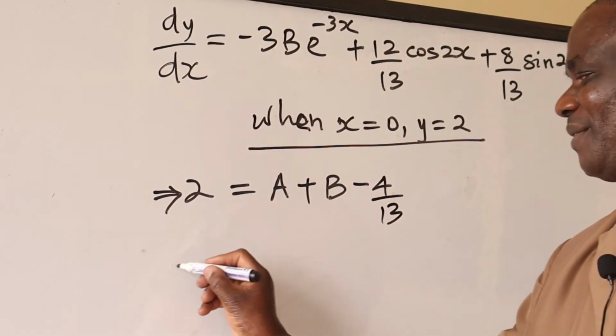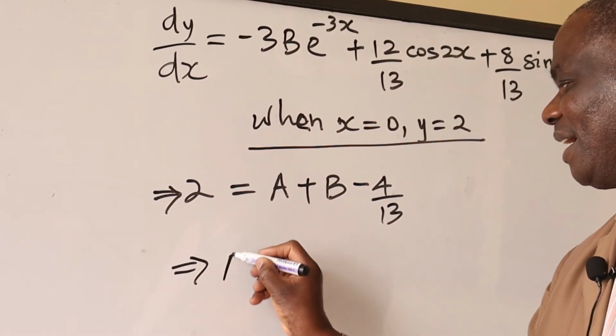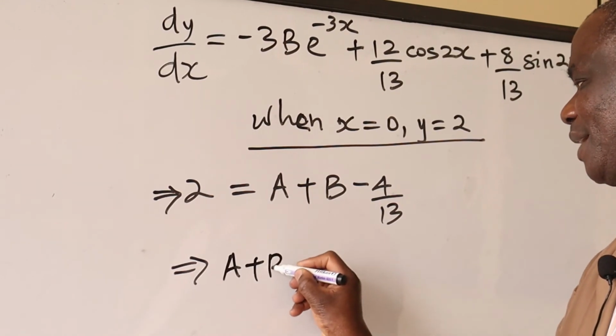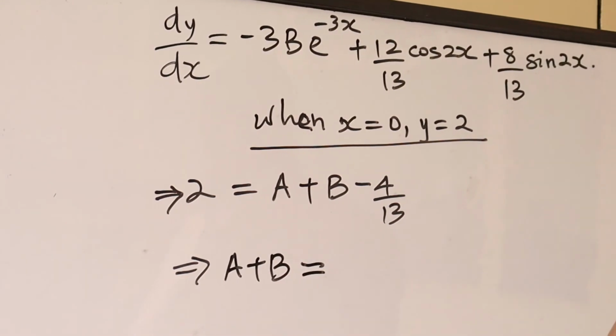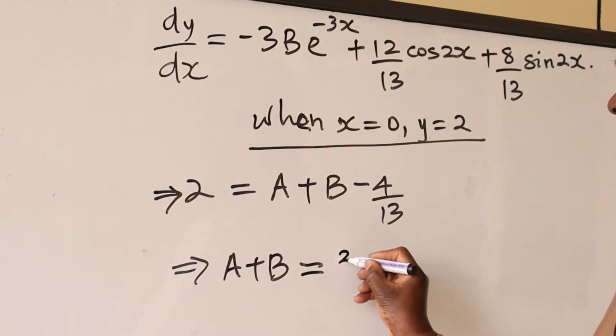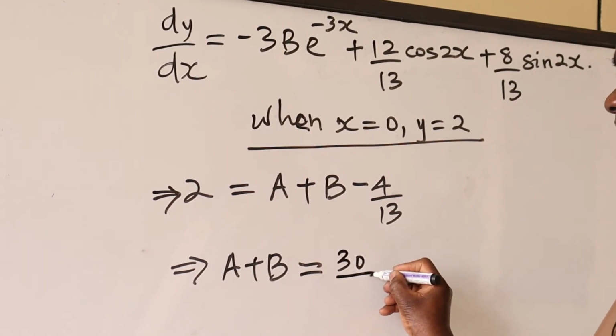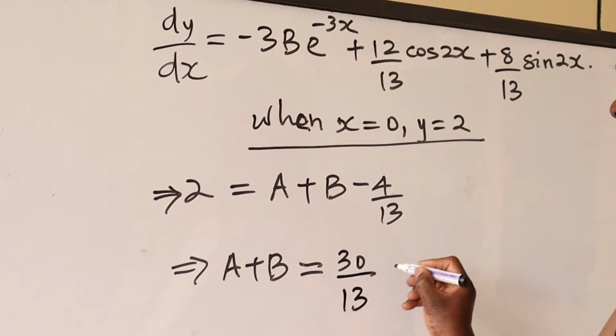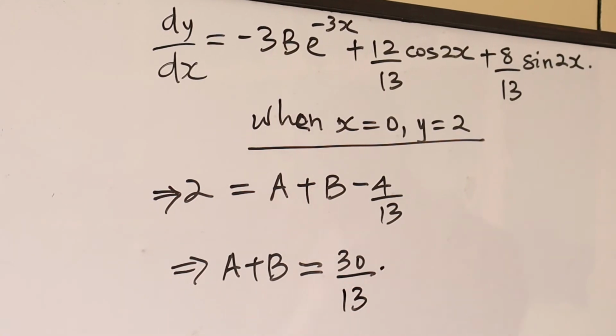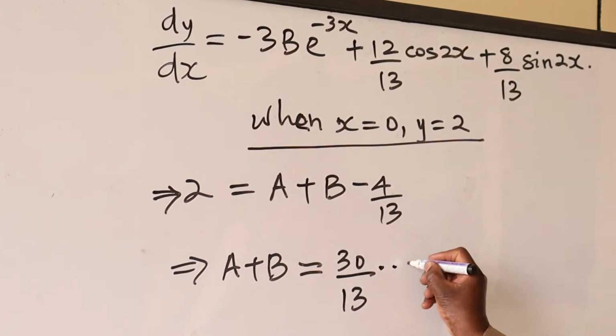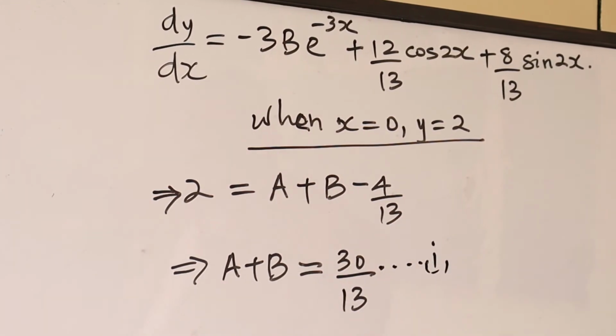This implies a plus b will be equal to 30 all over 13. We call this equation 1.